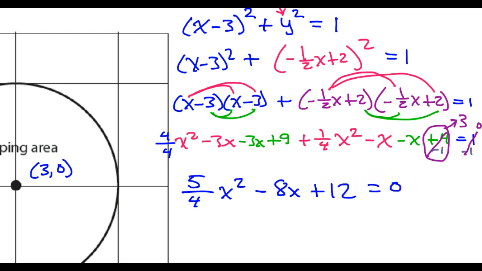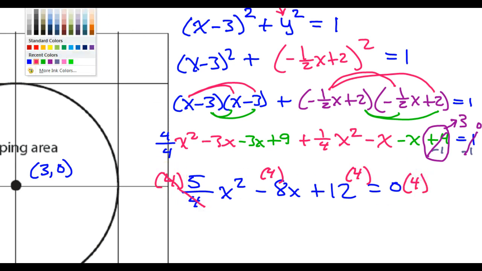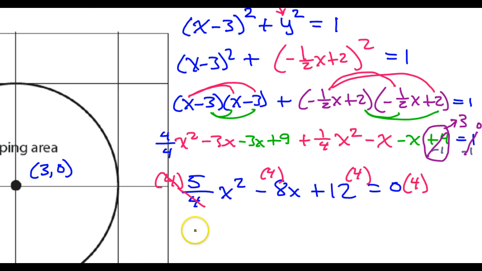Now, I want to get rid of the fraction, so I'm going to multiply everything by 4. Even the 0. These 4's are going to cancel out. So that's going to leave me with 5x squared minus 32x plus 48 is equal to 0.